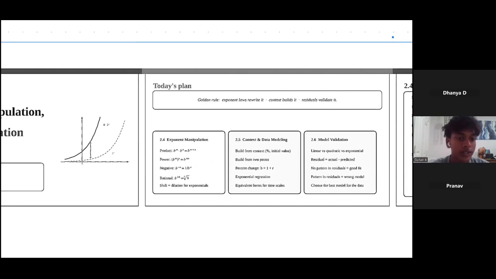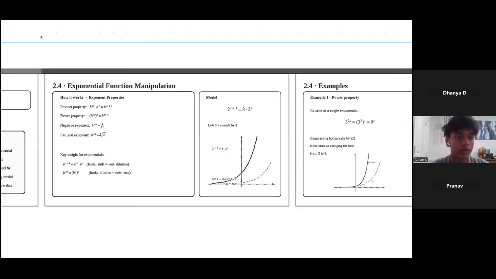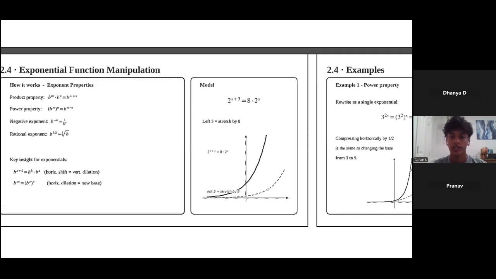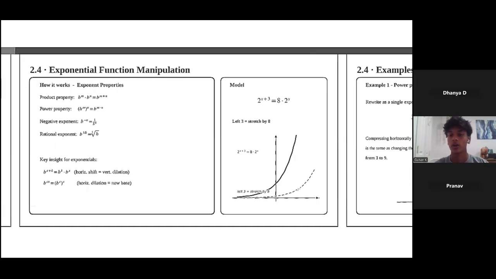All right. First, let's look at exponential function manipulation. You won't use this as much when it comes to actual graphs, but you will use it when solving exponential equations. So b to the m times b to the n equals b to the m plus n. So if we have 2 to the power of 3, where 3 is m, right?